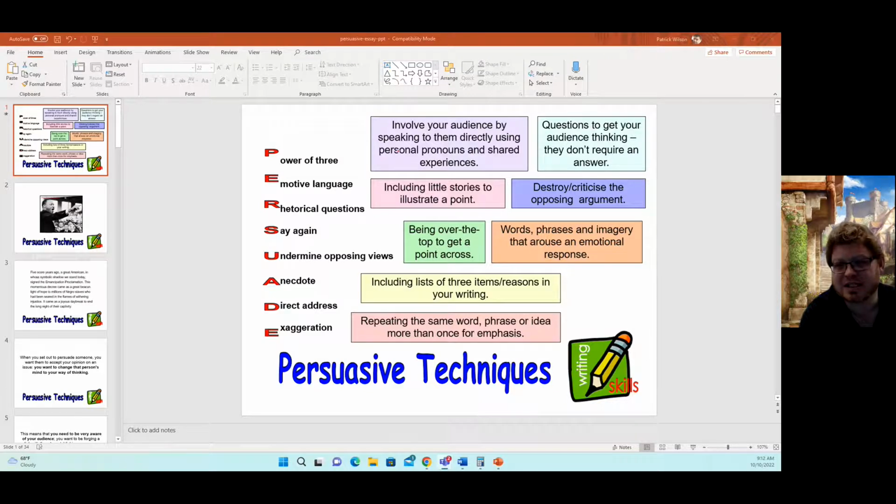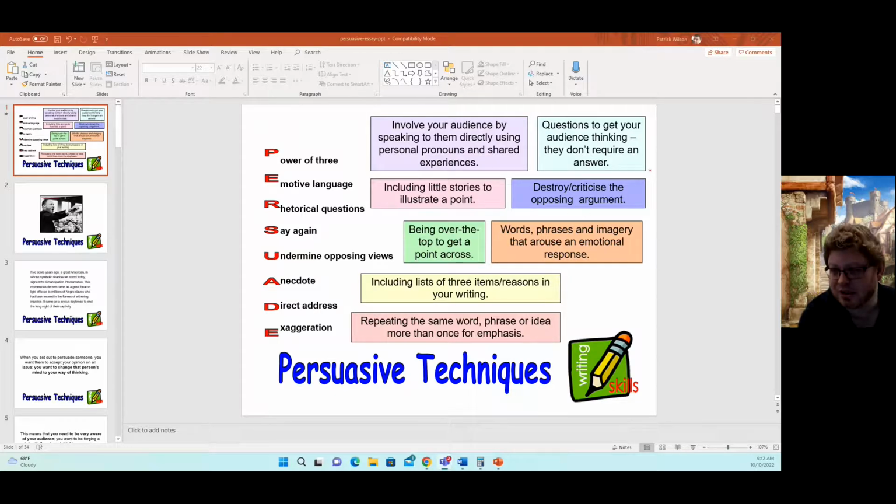Involve your audience by speaking to them directly, using personal pronouns, shared experiences, questions to get your audience thinking that don't answer a question, right? Sort of like the rhetorical questions there. Include little stories to illustrate your point. Destroy and criticize the opposing argument.